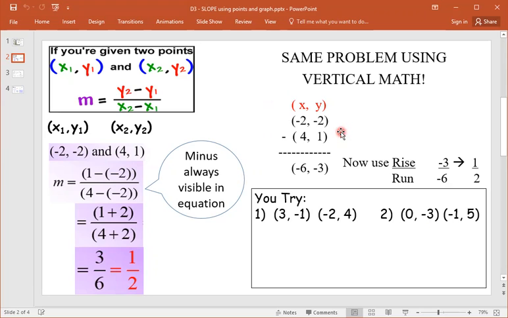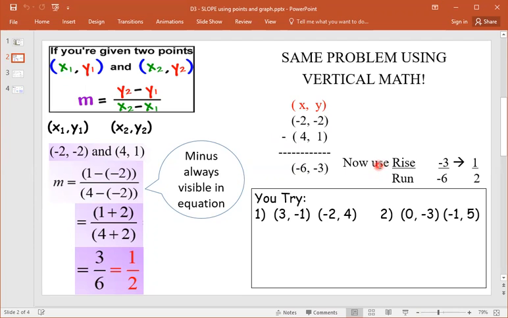So in a sense, we are subtracting the x's and we are subtracting the y's. So when this happens, I write my 2 points, and now I'm going to subtract -2 minus 4, and that gives me -6. -2 minus 1 gives me -3.